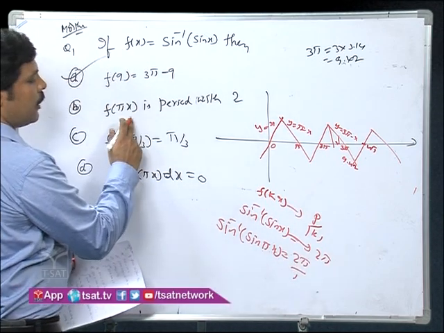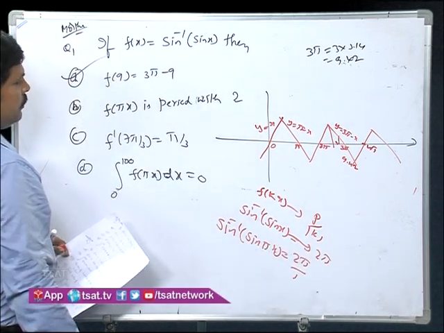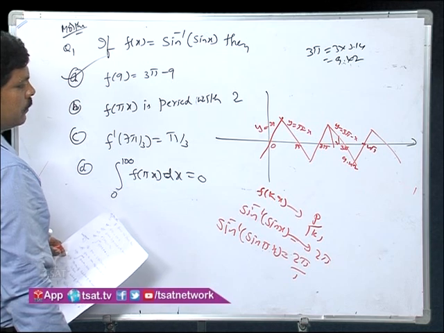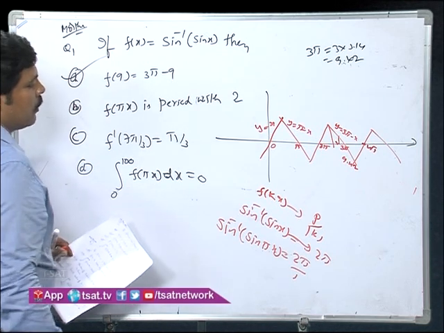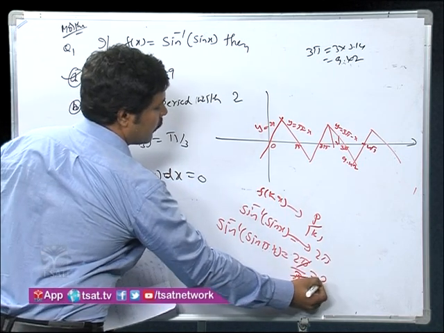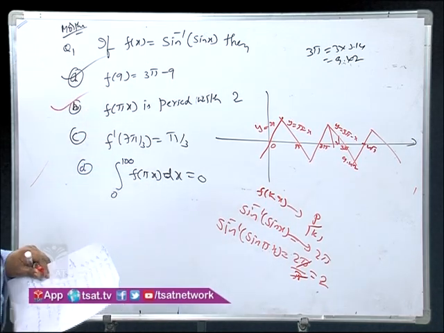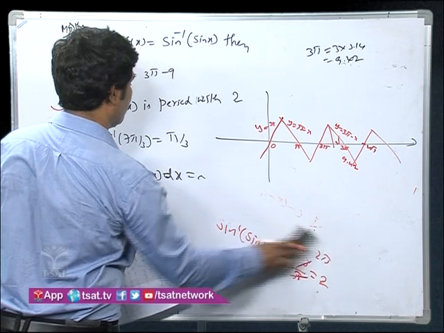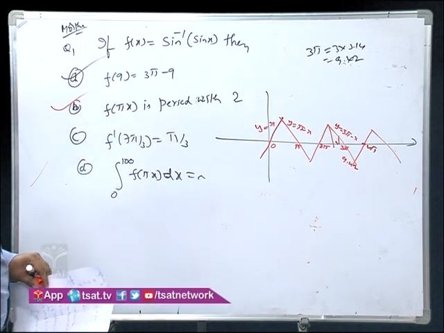The pi cancels, therefore the answer is 2. So this is also correct, period 2.